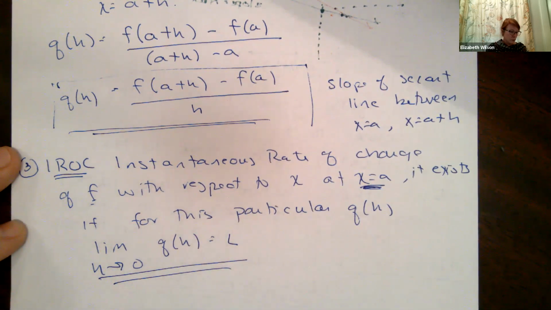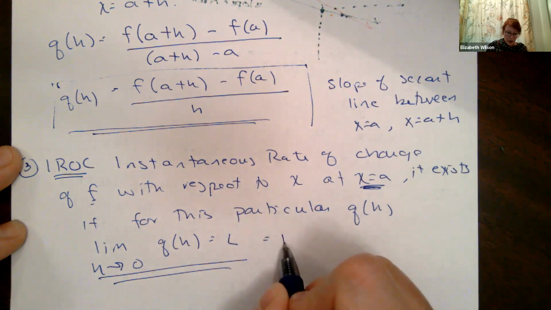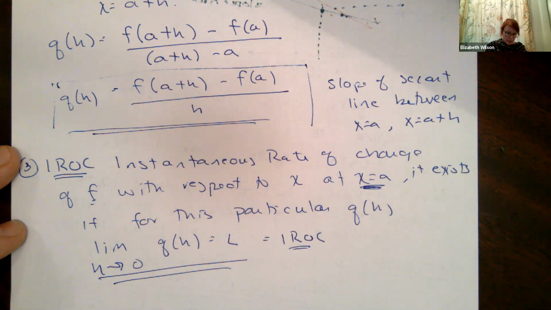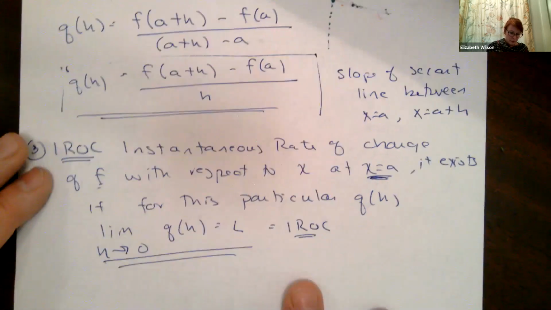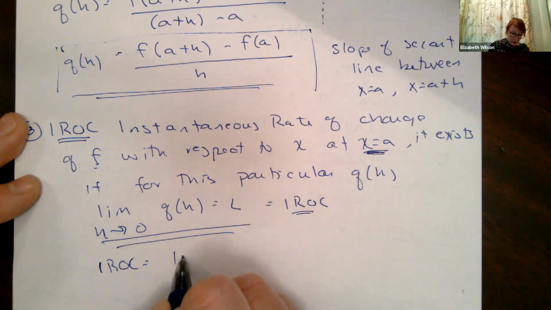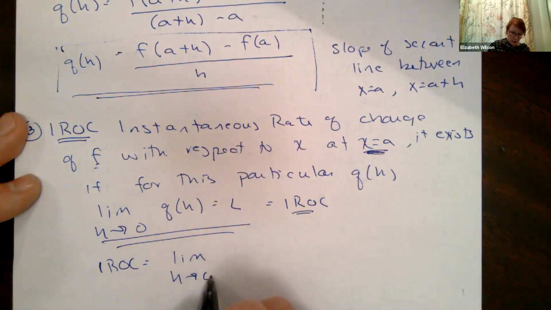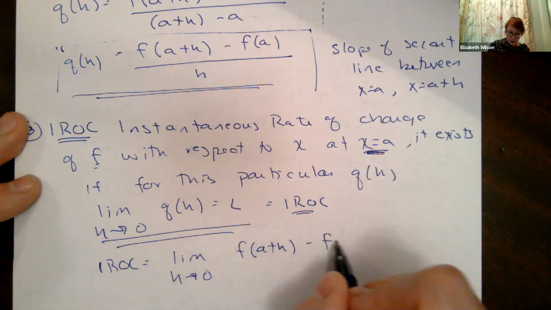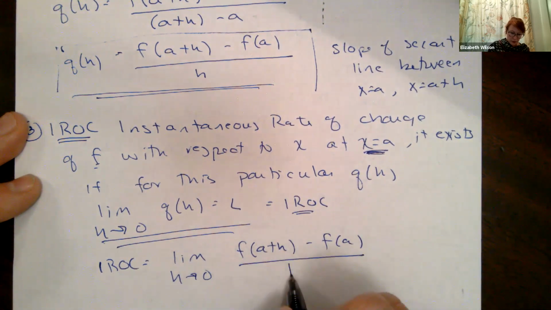So the IROC, our instantaneous rate of change, is equal to that limit. I'm taking the limit, so my IROC is equal to the limit as h goes to 0 of f of a plus h minus f of a all over h.